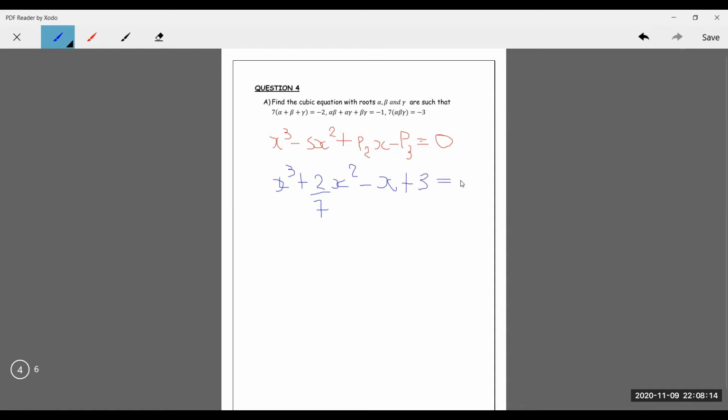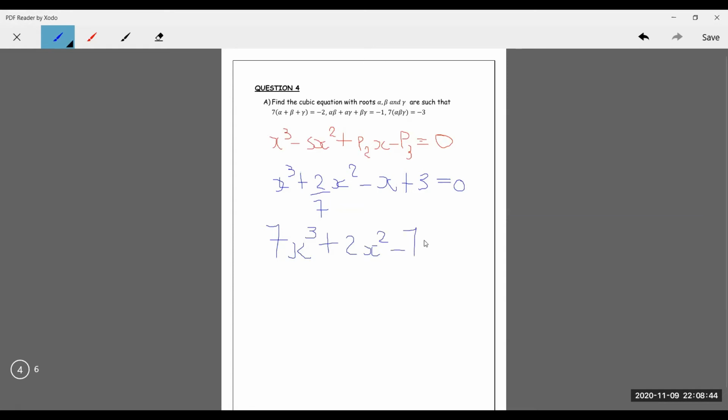Many persons don't like to write it this way. They don't like to leave it in this form. And so what they do is multiply the entire equation by 7 just to make it look a little more presentable. They don't like the fraction. To get 7x cubed plus 2x squared minus 7x plus 21.